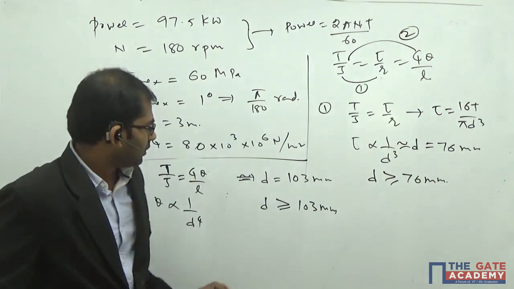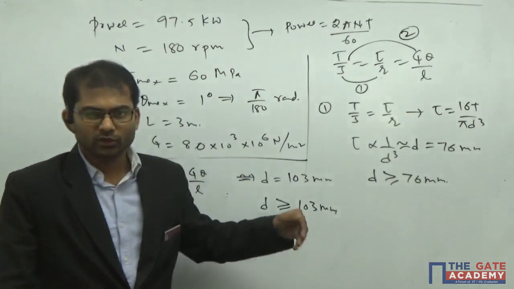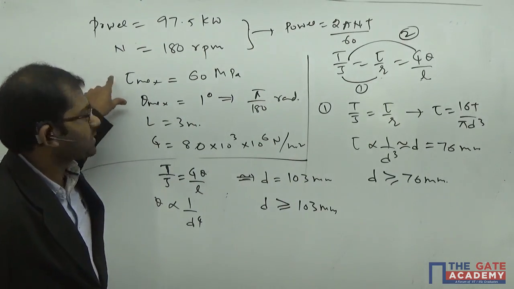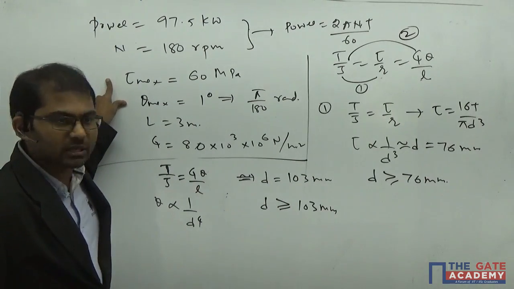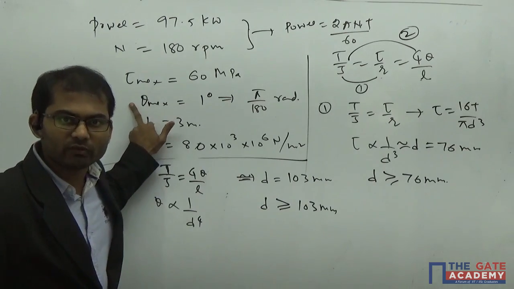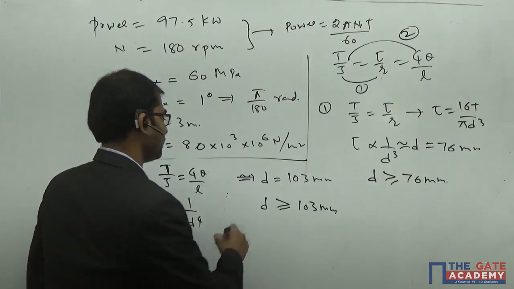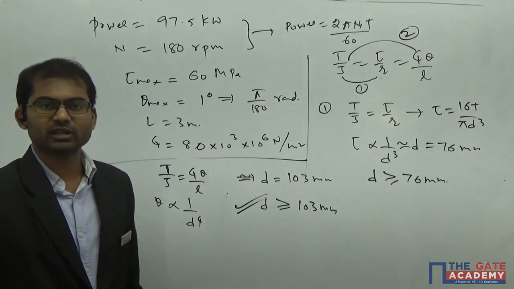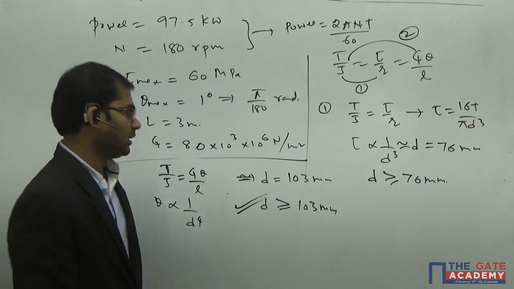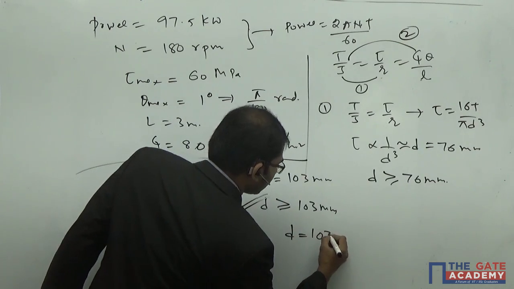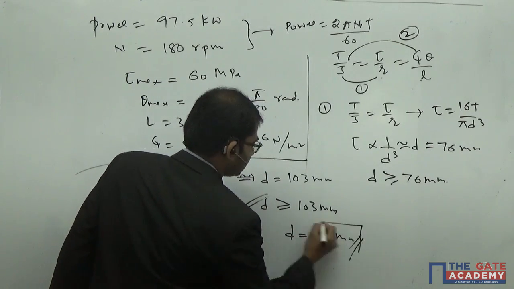Understand? Clear? If you take these two cases, you are expecting your shaft to have shear stress not beyond 60 megapascal and angle not beyond 1 degree. The diameter which satisfies both cases is 103 mm only. So you take the diameter equal to 103 mm as the limiting diameter here.